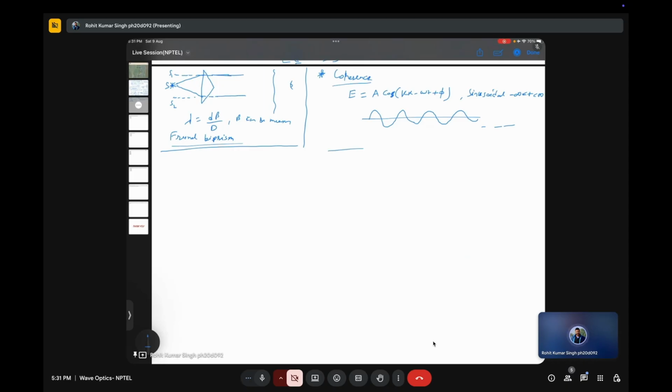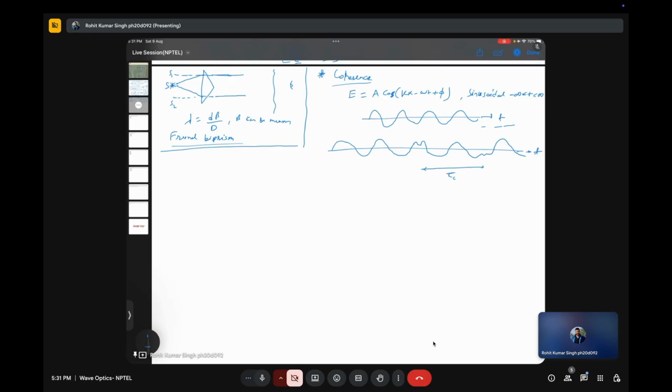But in reality what you have is, after some cycles you will have some break like this, and then okay. So now this is a time axis basically, okay, and this time up to which the wave was sinusoidal, we call it coherence time.